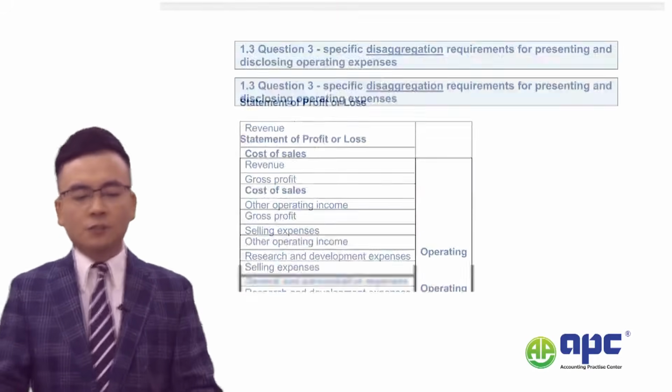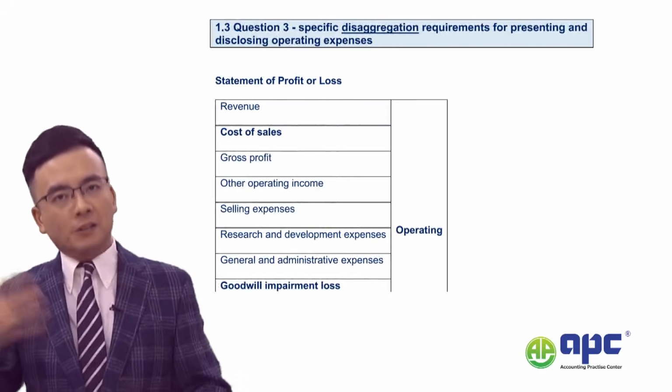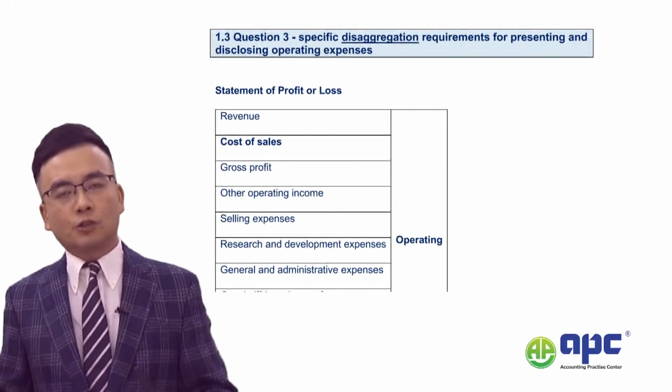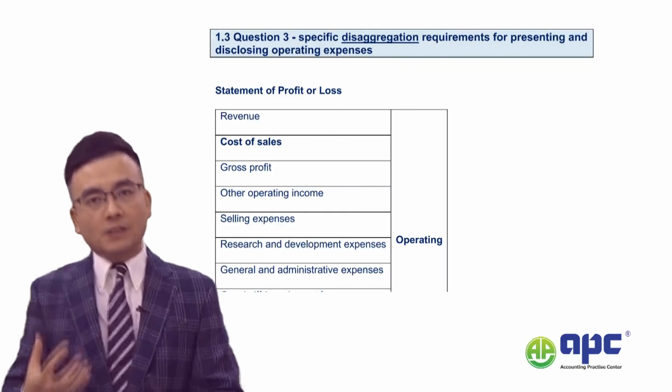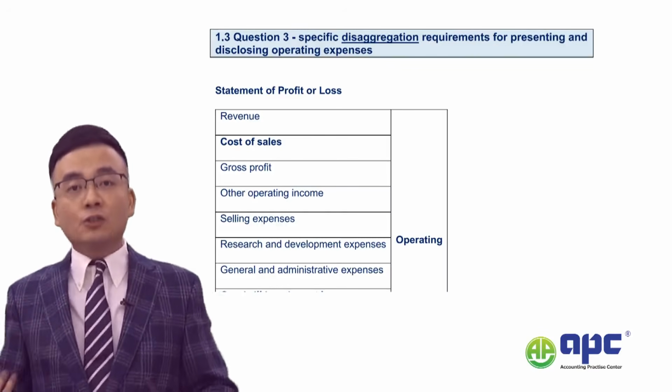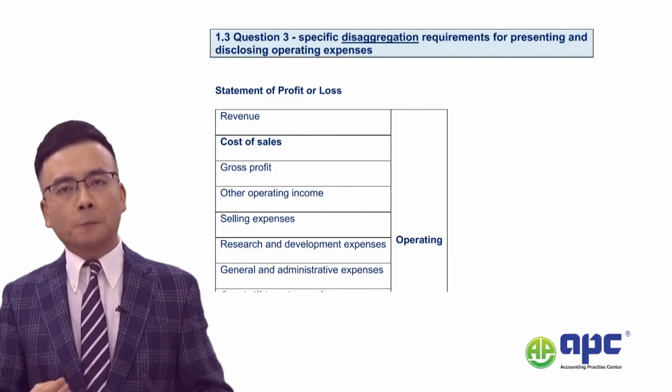Now, let's answer the third question in this chapter, about aggregation and disaggregation. The IASB did specify the disaggregation of the operating expenses, in particular in the P&L.